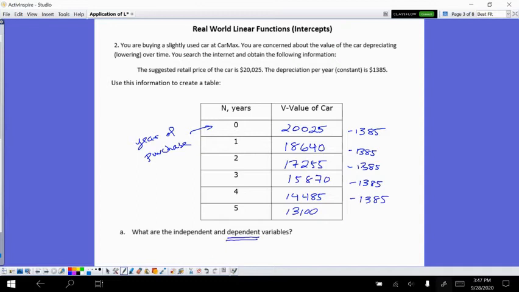I always think about dependent first: this is the value. It depends on time. And our dependent variable is always the y variable, and our independent variable is always the x variable. Probably know that from science class.